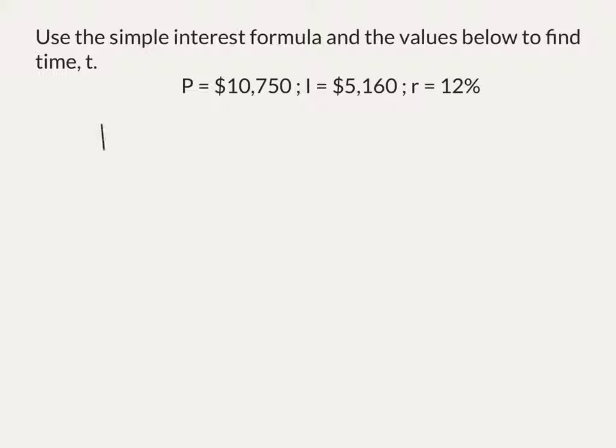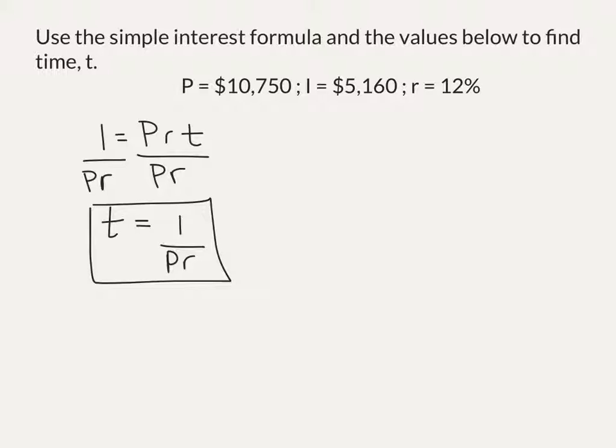Now, as we know, the simple interest formula is I equals P times R times T. But if we solve for T, we can just divide both sides by P times R. So we get that T equals I divided by P times R. That means we're going to use this formula to find the value for T.